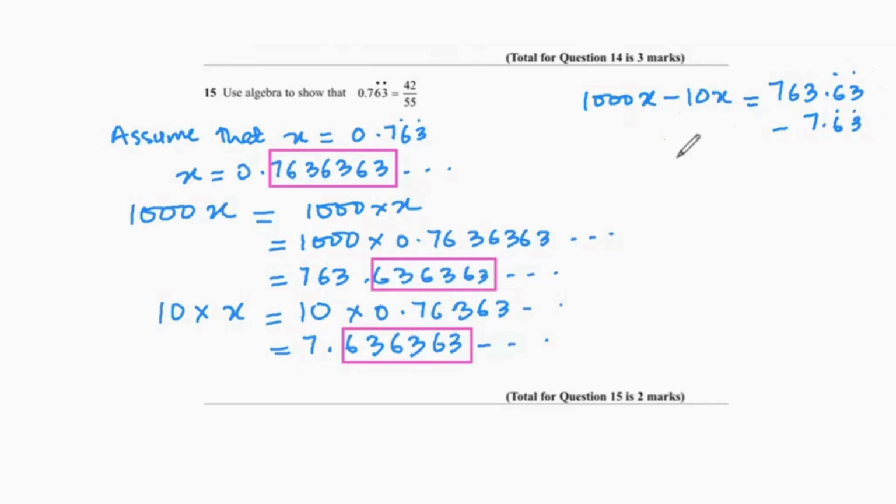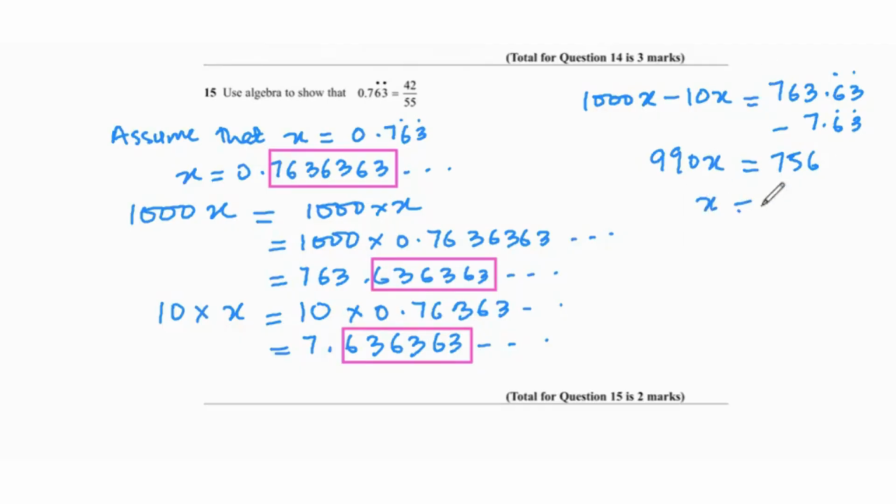So 1000x minus 10x is 990x. And over here, 763.63 recurring minus 7.63 recurring is going to give us 756. As you can see, the numbers after the decimal got completely cancelled out. They got subtracted from each other. So there's no decimal now. We only have whole numbers.